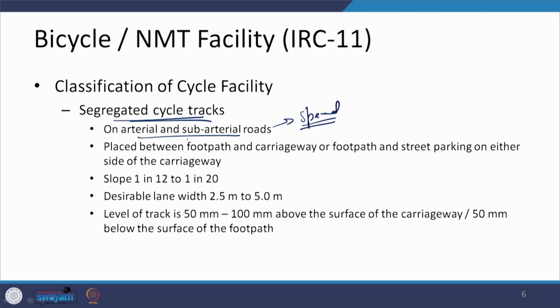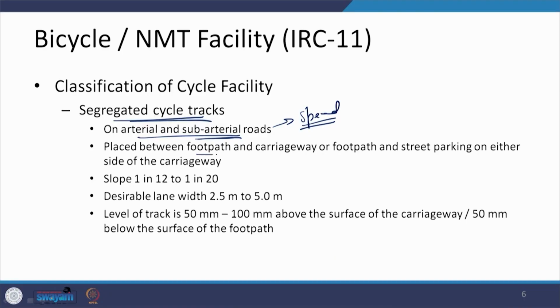The other thing is that these roads have total access control, where the cyclist may not need to get in and out of the system again and again. So, that is also being ensured by way of the segregation of these facilities.